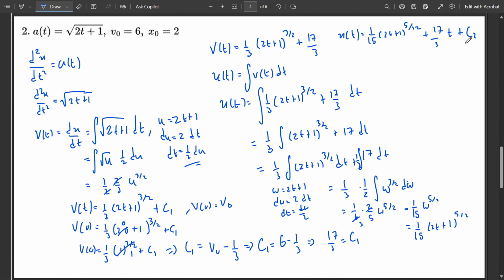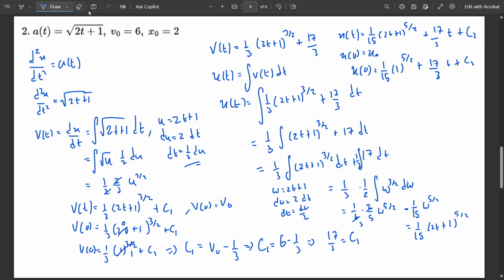Again, we need to have x of 0 equal to x initial, so x of 0 equals 1 over 15 times 1 to the power of 5 over 2, sorry about that, it's not 12, it's 5 over 2, plus 17 by 3 t plus c2.